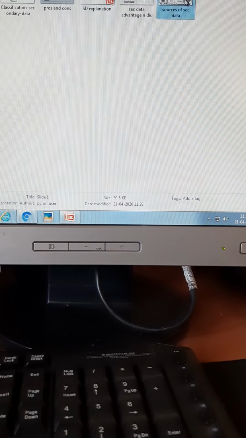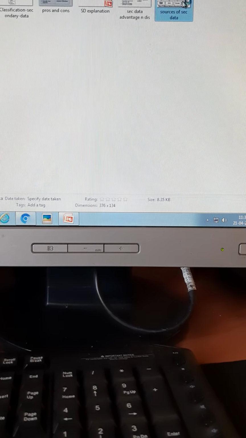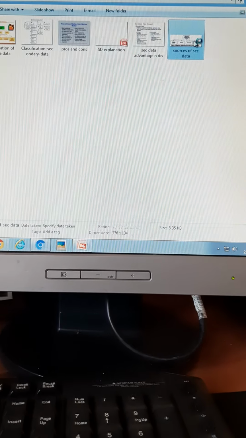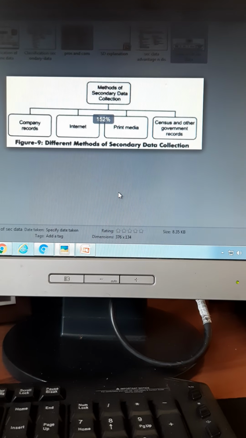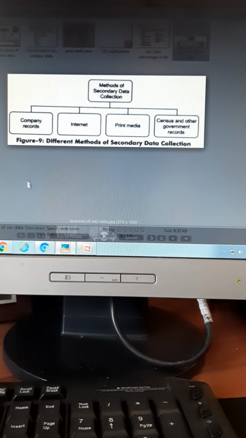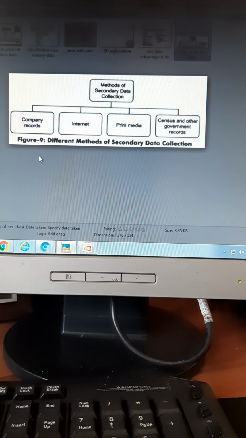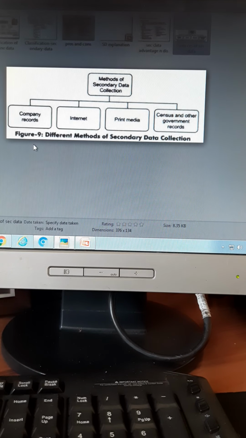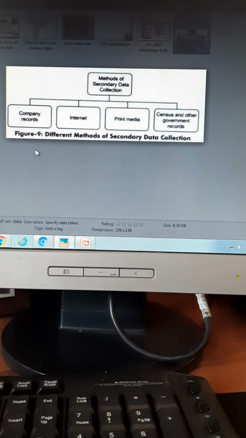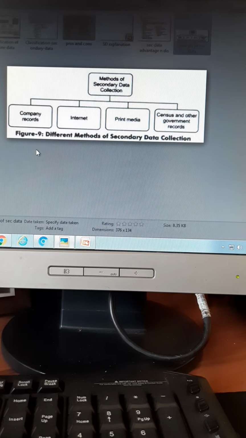So we would see what are the sources of secondary data. Where does this secondary data come from? Okay. So if you see company records, all the companies have their yearly compilation of annual report.